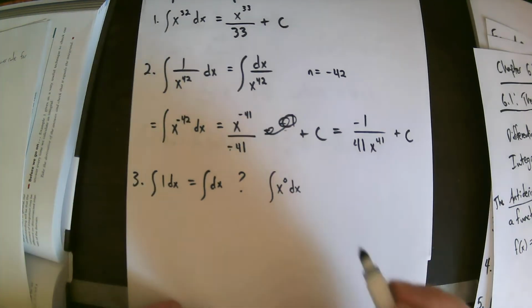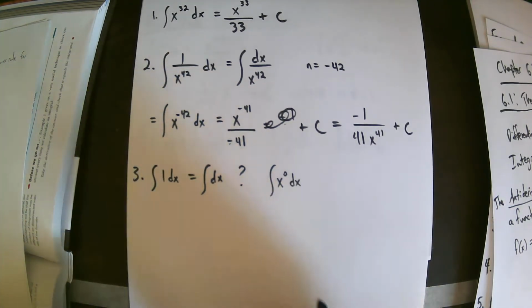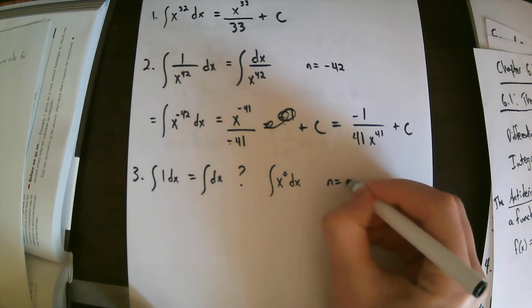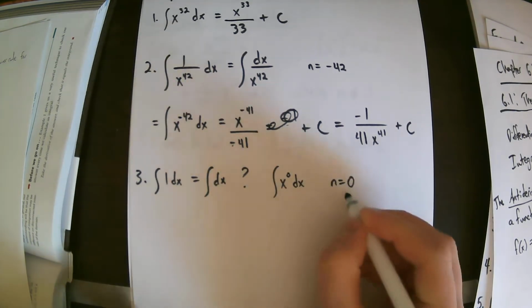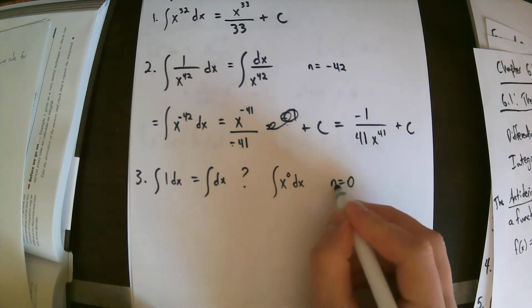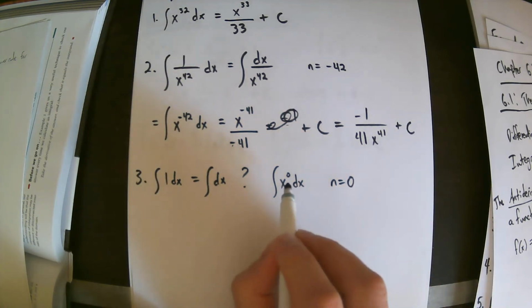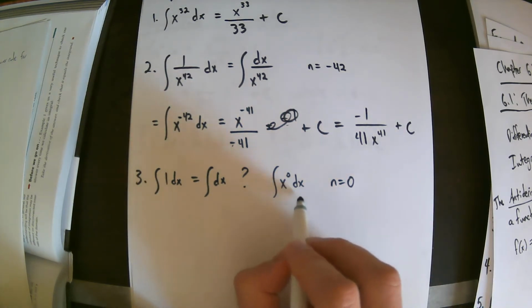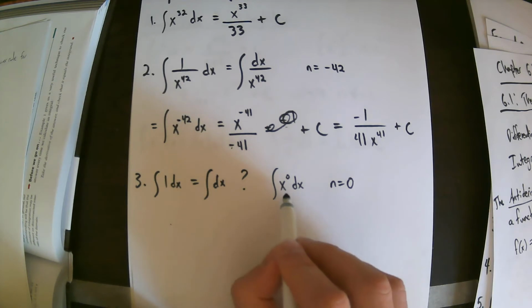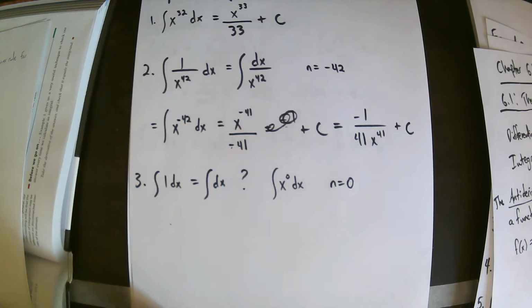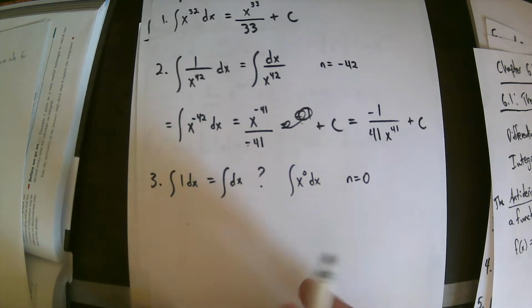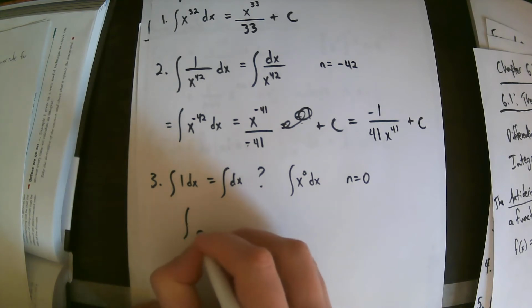Because anything to the 0 is 1, right? So x to the 0. So here n is equal to 0. This number, the n, is the exponent on the variable. So if I force a variable in here, then the exponent on the variable has to be 0. And then what does that mean? So what is integral of dx?